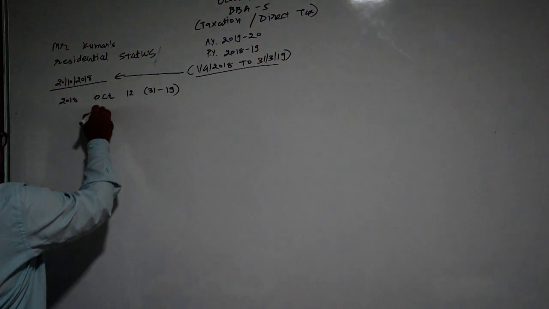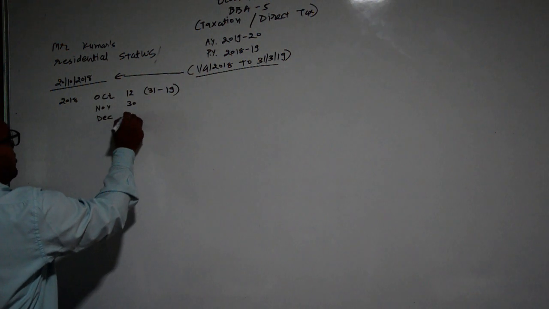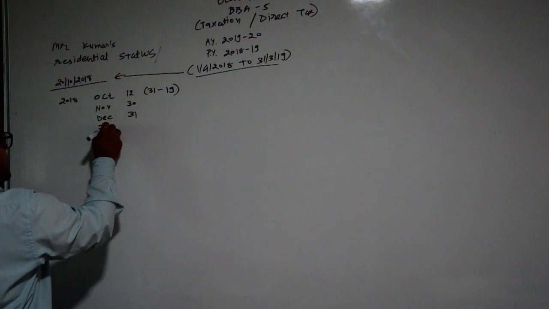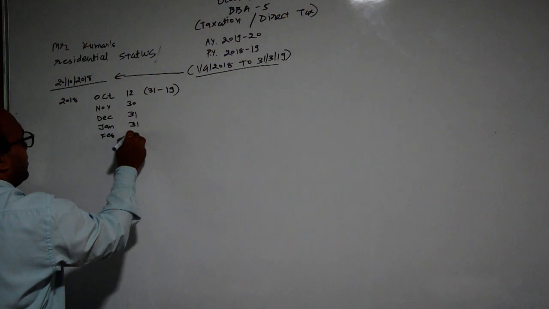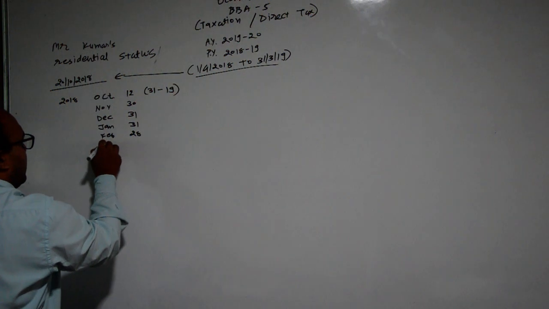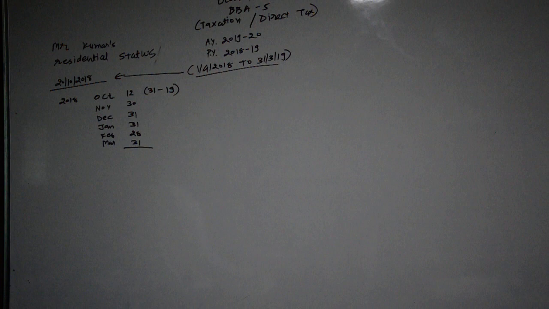Then November 30, December 31, January 31, February 28 and March 31. So total number of days: 12 plus 30, 31, plus 31, 28 and 31.